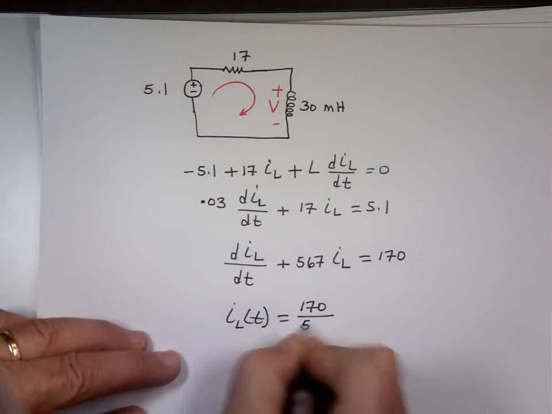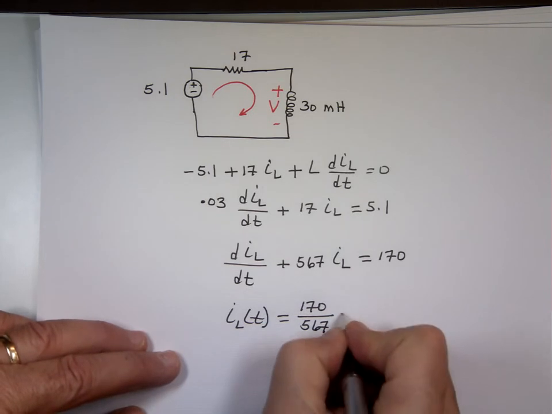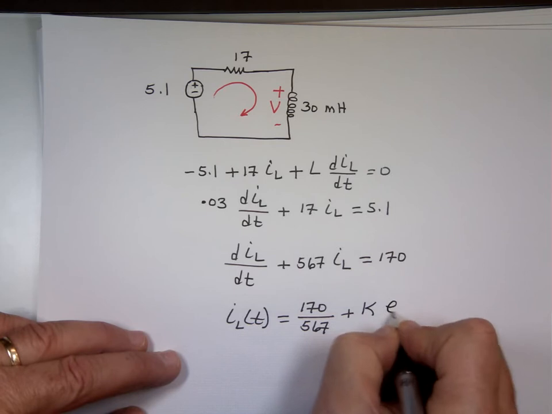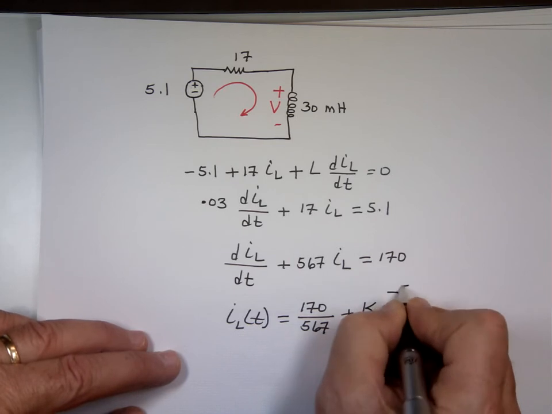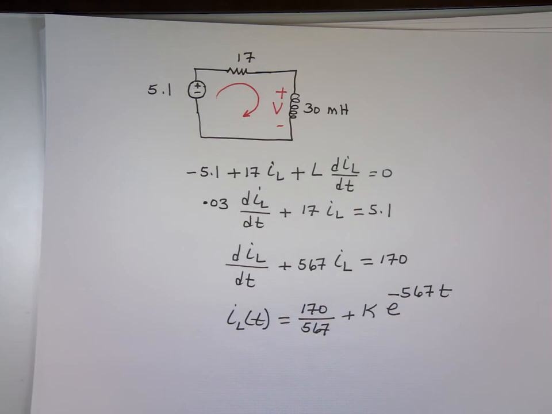It's always this one divided by that, plus some constant K, which we'll find in a minute, times e to the power of negative 567t. 170 over 567 is 0.2998, how about 0.3?